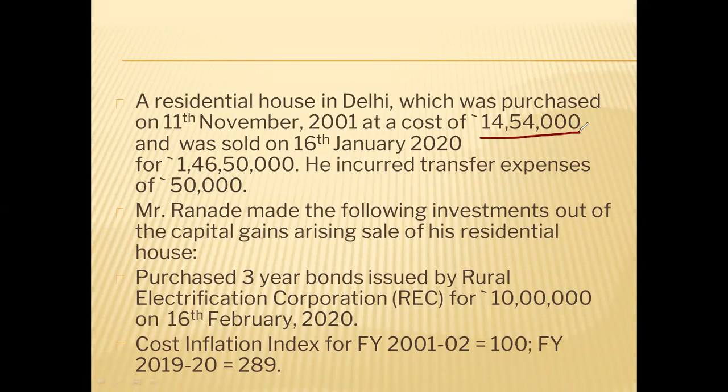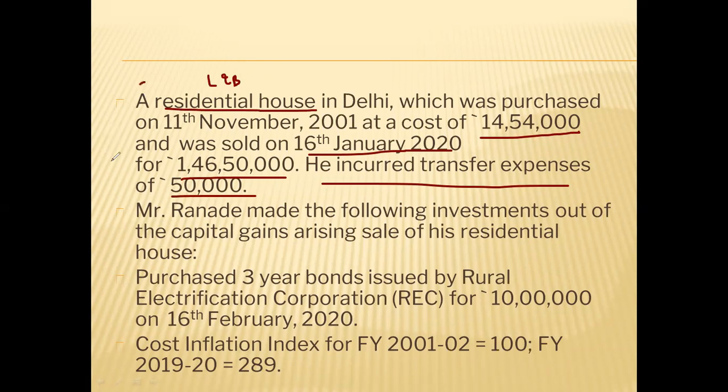A residential house being transferred comes under the category of land and building. This house was sold on 16th January 2020 for 1 crore 46 lakh 50,000, and other expenses incurred for the transfer are 50,000. We have to calculate the capital gain based on these details.